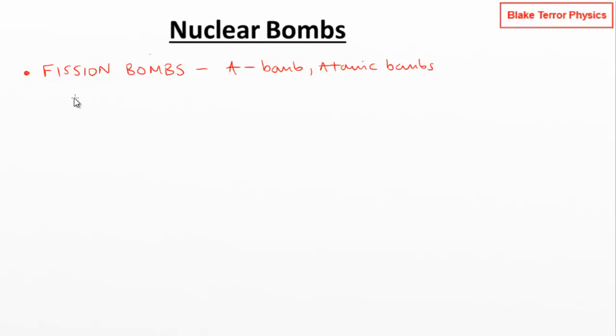So you've got some enriched uranium or plutonium, and you need a critical mass of this stuff in order to get a chain reaction. So we're familiar with what chain reactions are like. But if you can get enough of this stuff in the right situations, then you're going to get a chain reaction happening.